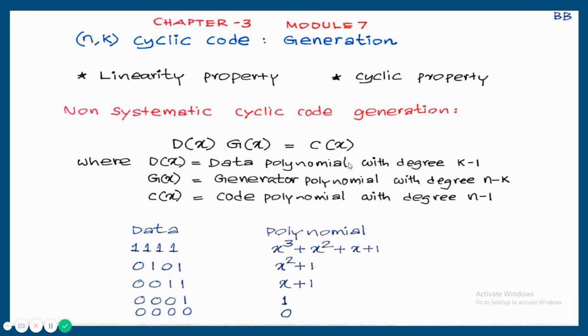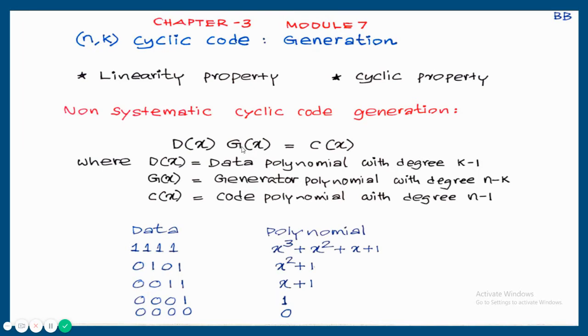d of x is the data polynomial with degree k minus 1. The reason is that the number of data bits is k, and when it is converted into polynomial, the degree will be k minus 1. The number of code bits is n, and in polynomial format the degree will be n minus 1. So this is k minus 1 and our requirement is n minus 1.